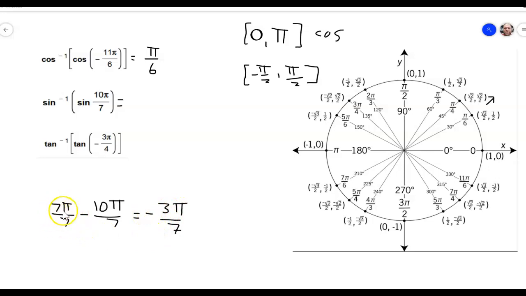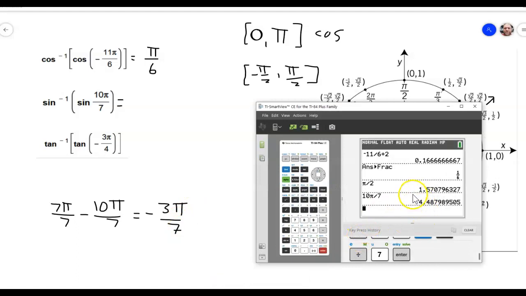I'm taking pi minus that angle and looking at this one, negative 3 pi over 7, and that'll give us the same value. Now I'm going to look at negative 3 pi over 7 in my calculator and make sure that's between negative 1.57 and positive 1.57.